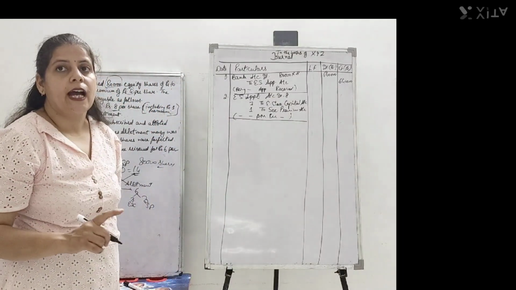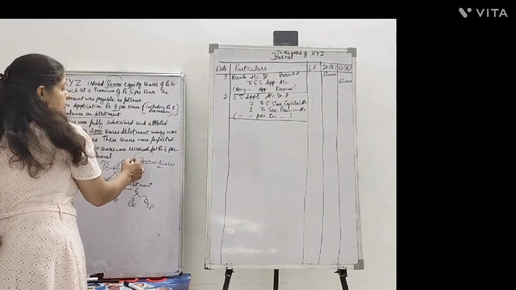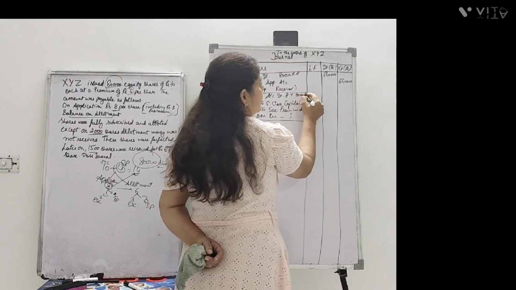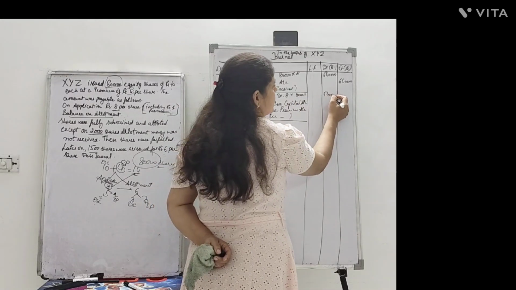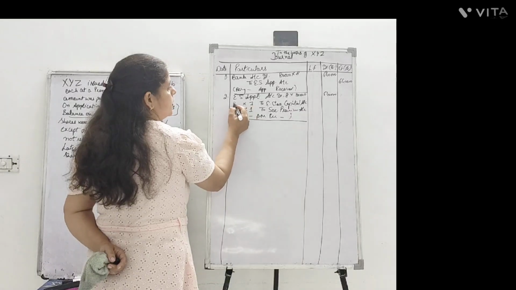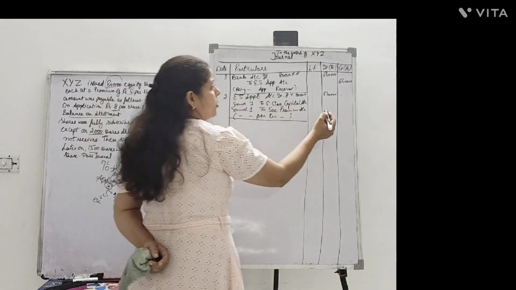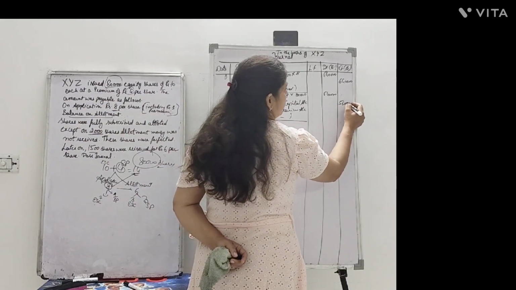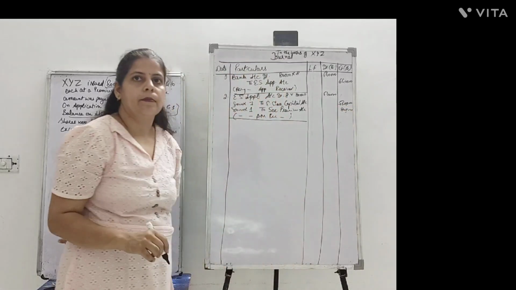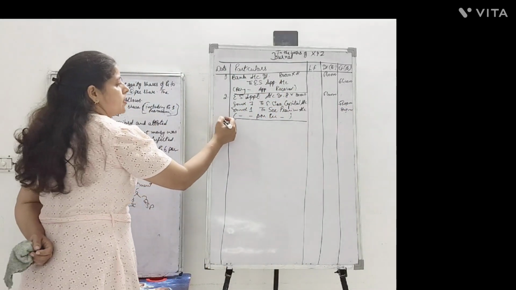But with what amount? That is on 80,000 shares. So 8 rupees multiplied by 80,000, it was due with 6,40,000. Premium was due with 80,000 and your capital was due with 5,60,000. So this is how our second journal is done.